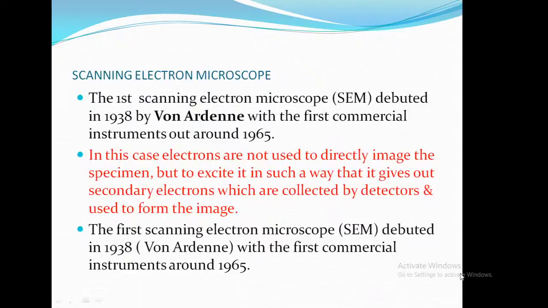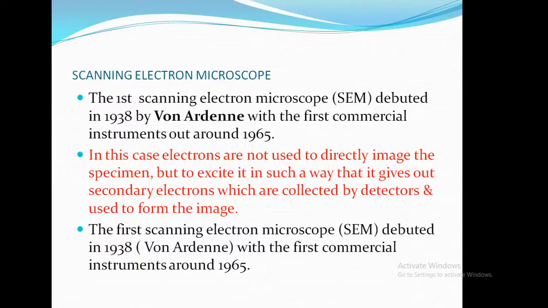The first scanning electron microscope was debuted in 1938 by Von Ardenne, with the first commercial instrument out around 1965.